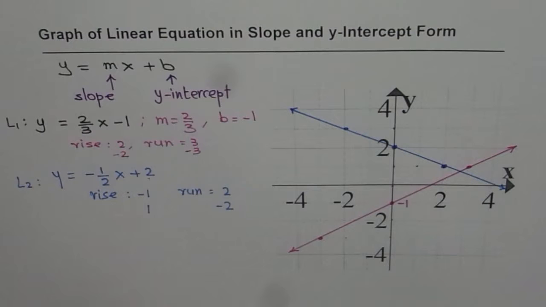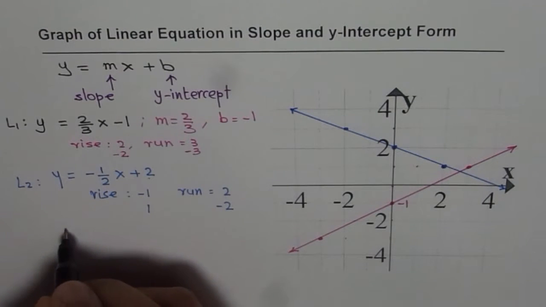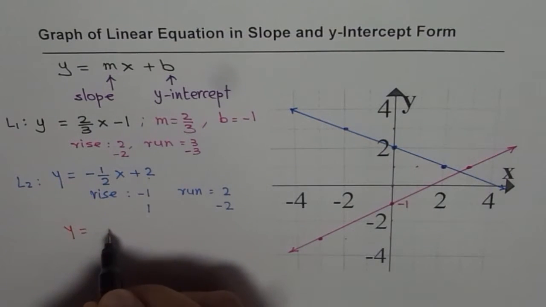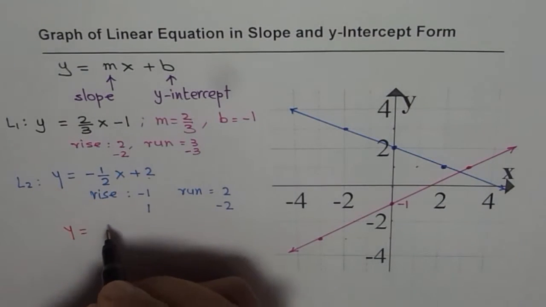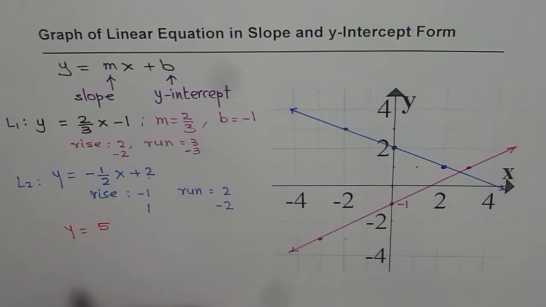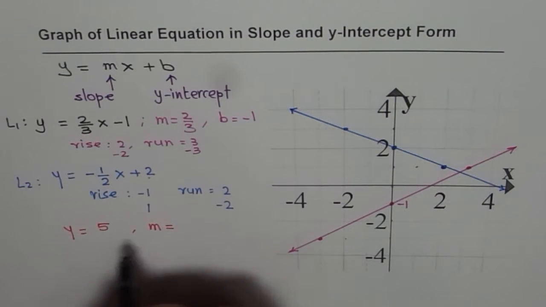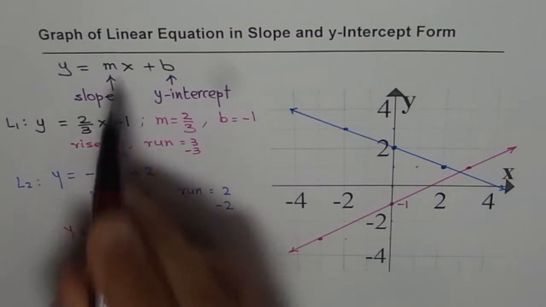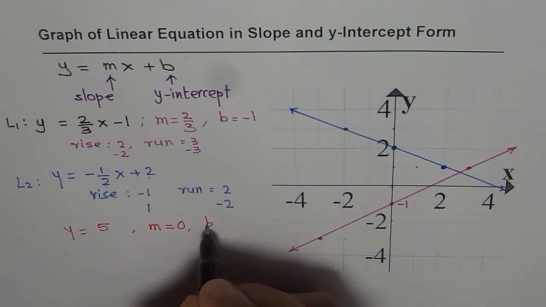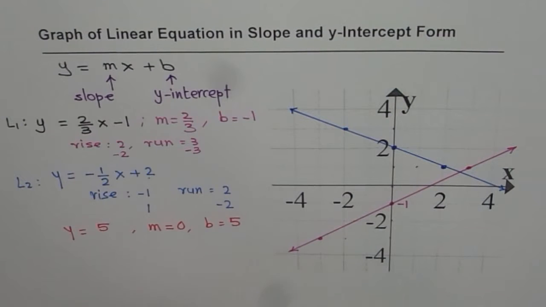Let me take one more example, and this time we'll take y equals 5. Now if I write an equation y equals 5, what is the slope? Slope is 0 since the first component is 0, right? But we have a y-intercept of 5, right? So how to sketch this line?